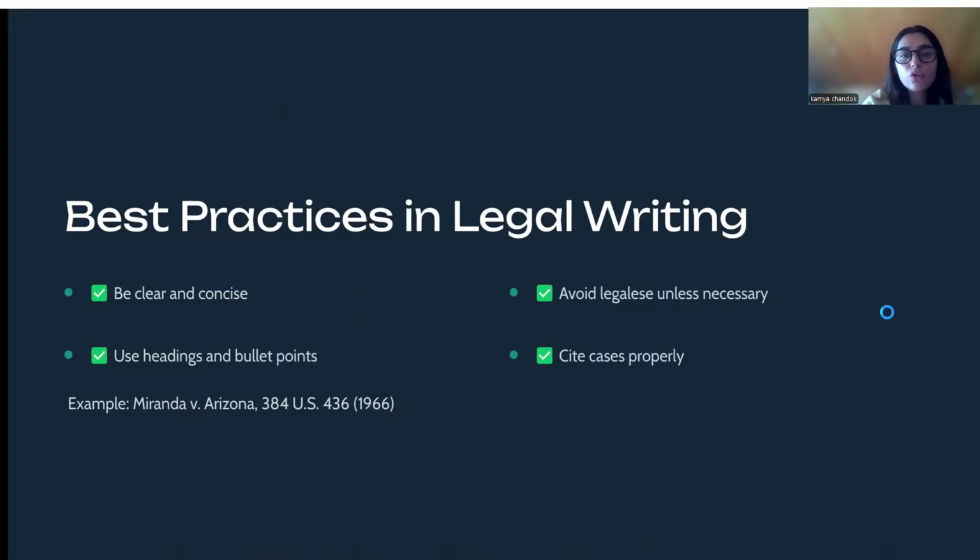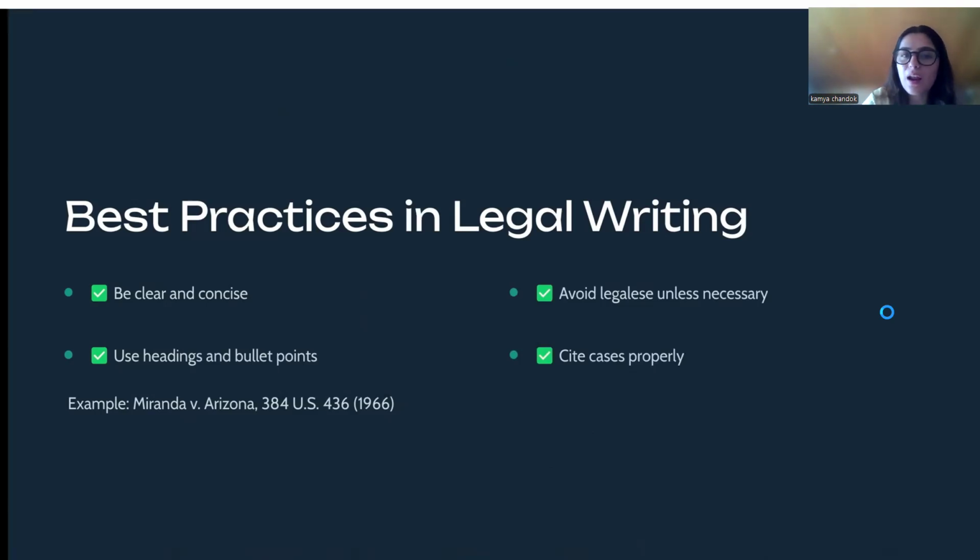Then always use headings and bullet points. This makes your writing easier to scan. Then avoid legalese unless necessary. Legal writing should be formal, but at the same time be readable. And lastly, cite your cases properly.